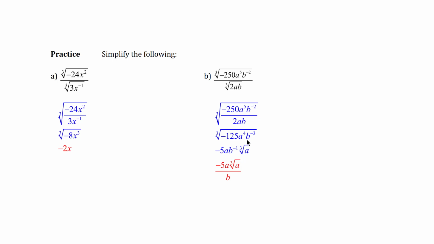Next, we take the cube root of b to the negative 3 power, which is b to the negative 1 power. The result is negative 5 a b to the negative 1 power times the cube root of a. From here, we need to rewrite b to the negative 1 power as a positive exponent. So our final answer is negative 5a times the cube root of a divided by b.